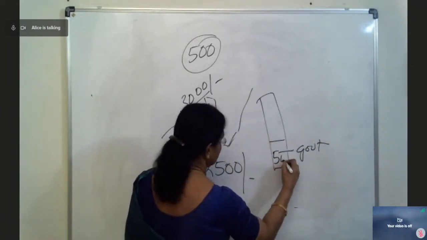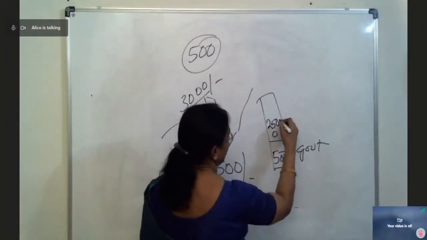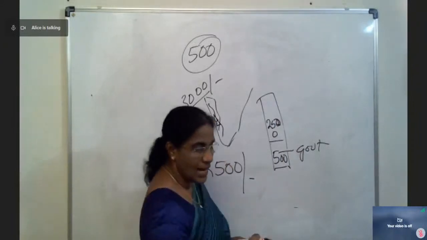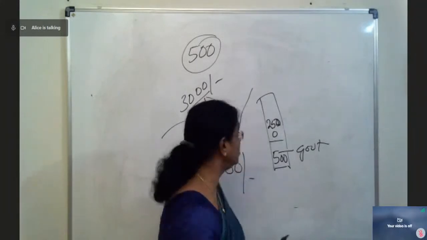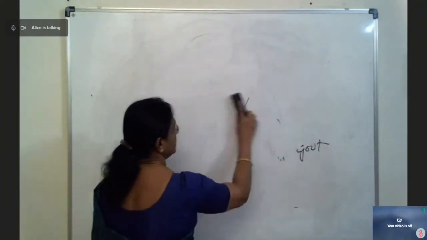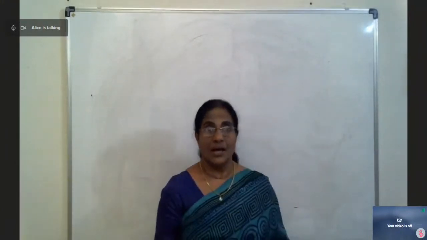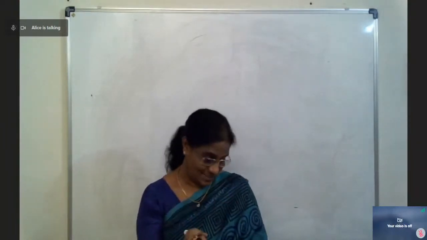So 500 rupees the government will pay, 2,500 the producers, the cashew business big shots, will pay. And this is a negative tariff, okay? Negative import tariff, right? We are learning theory, just understand, you should be able to solve using numbers, okay?